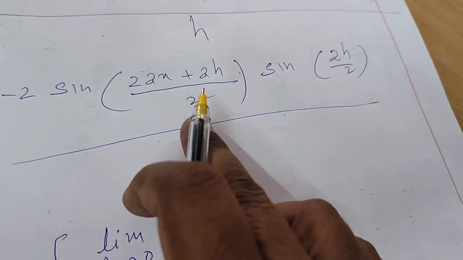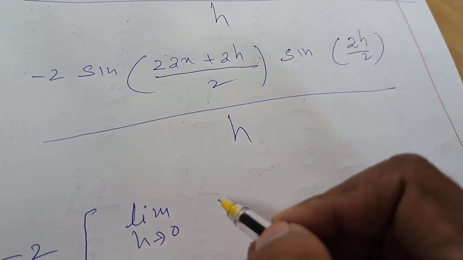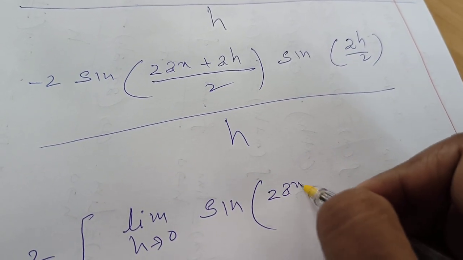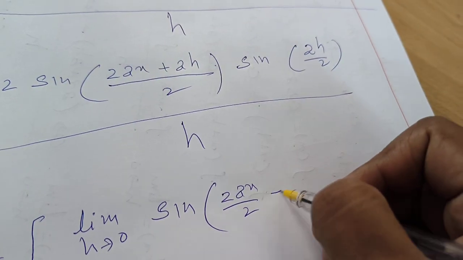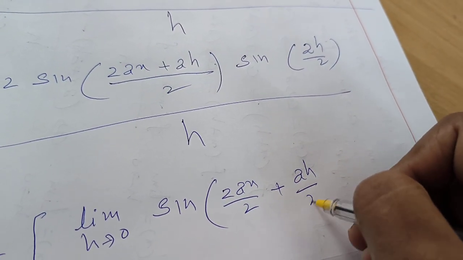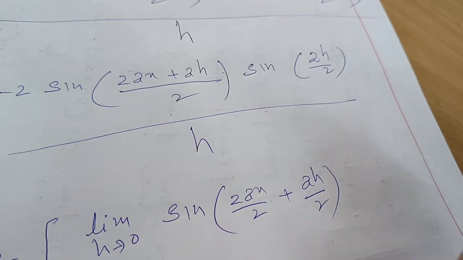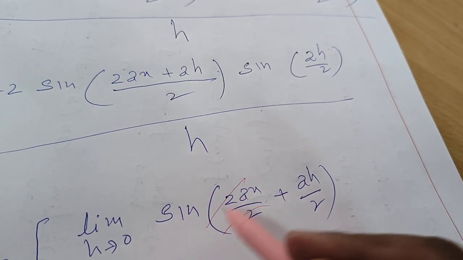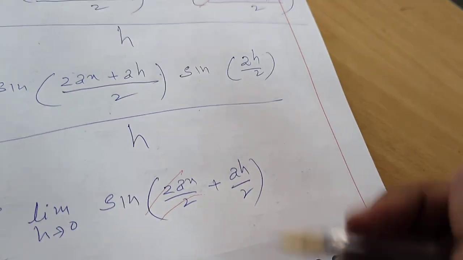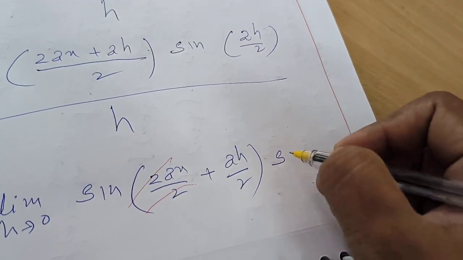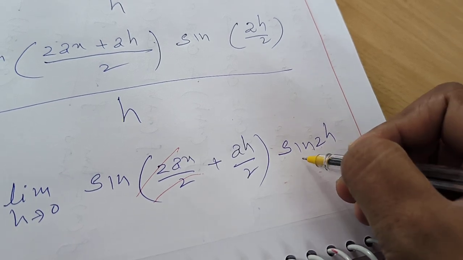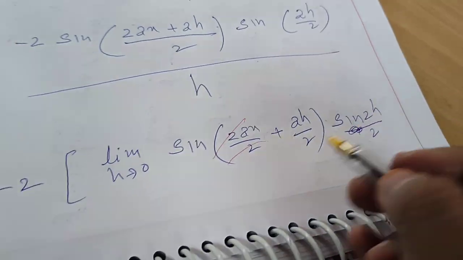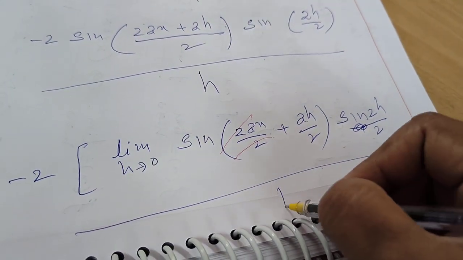Now here we have two terms, so we will separate them. It becomes sin of (2ax by 2 plus ah by 2). Now we can cancel this 2 from denominator and numerator into, here we have sin of ah by 2, whole divided by h.